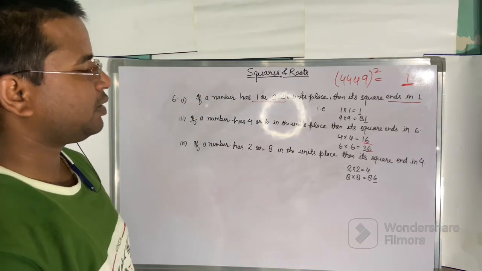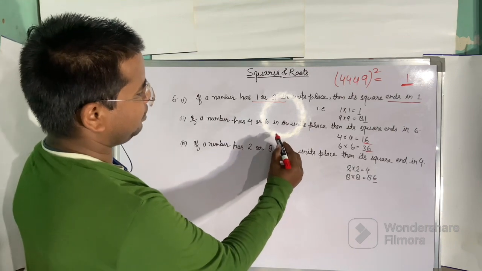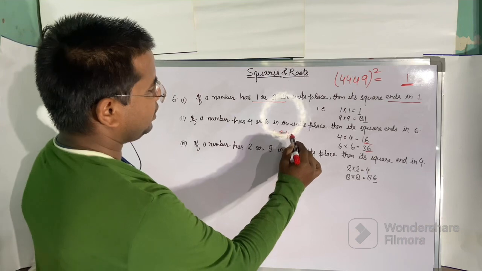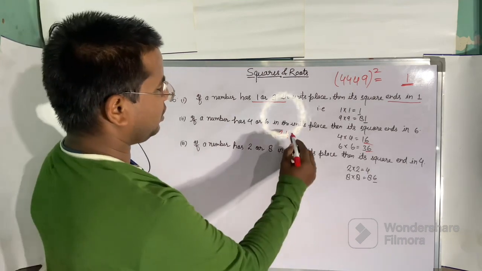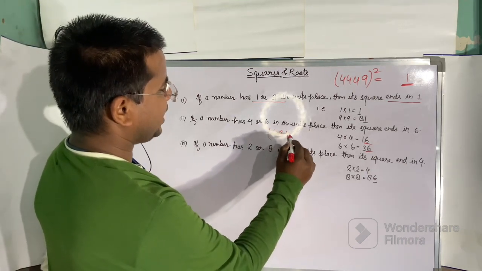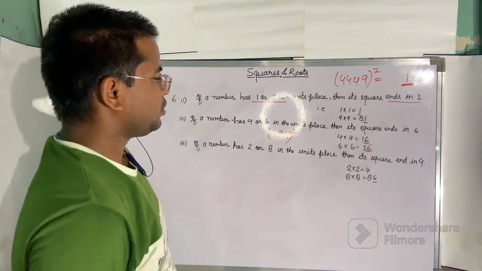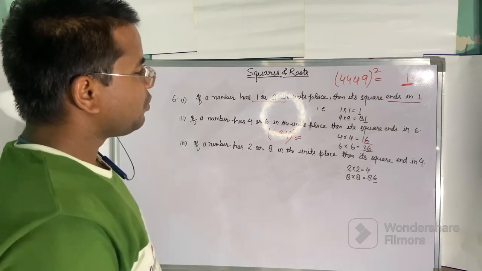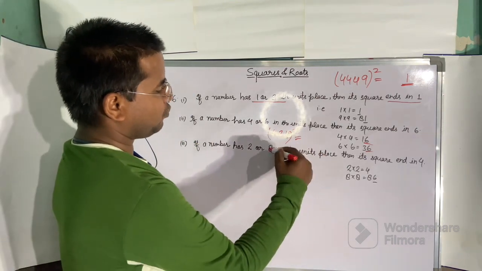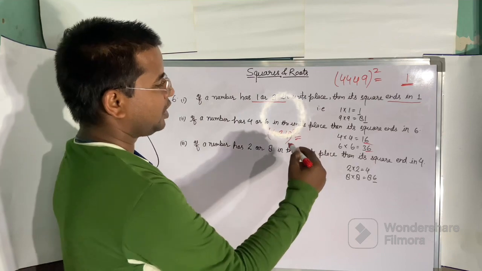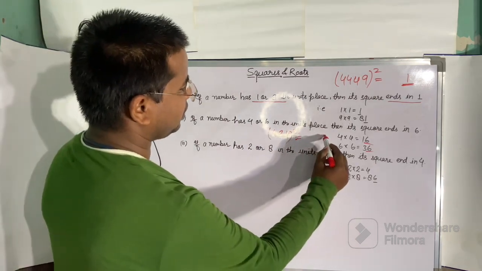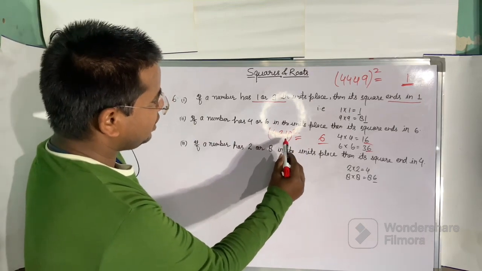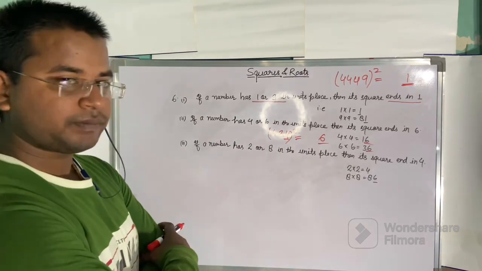Similarly, like the above example, if in any exam it is asked to find the unit digit of the square of that number, you can answer in 1 second that it is 6, because the unit digit of this number is 4.